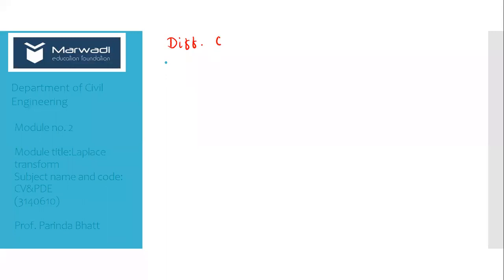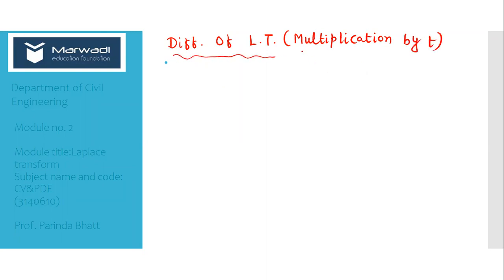This is differentiation of the Laplace transform or multiplication by t. Now the basic function of the first table is multiplied by t. Then what is the change on the right hand side?